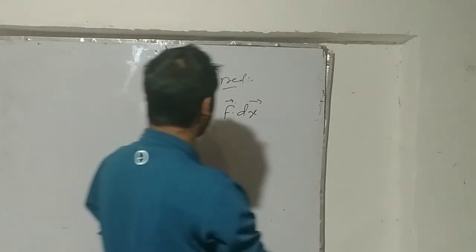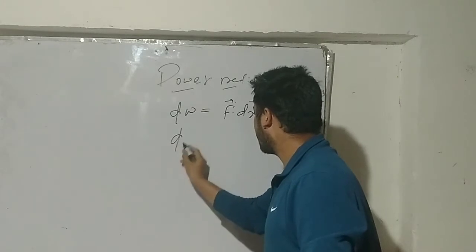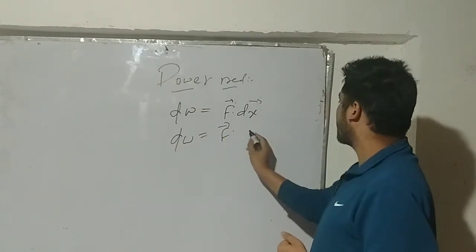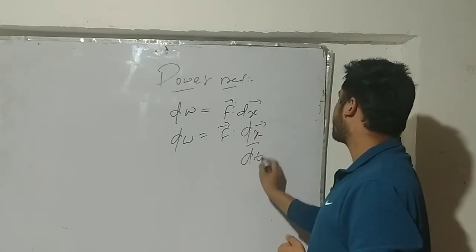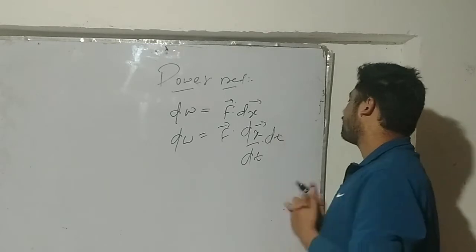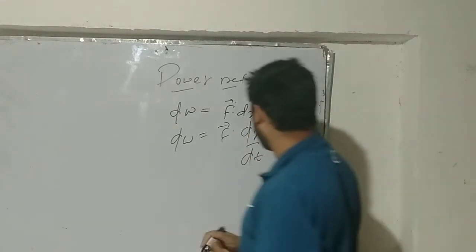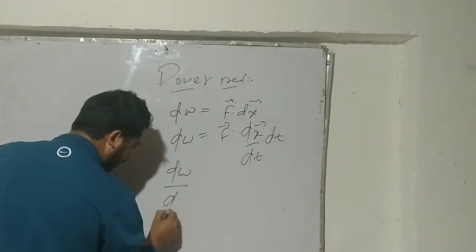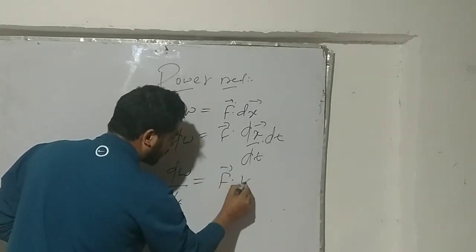If I do some further maths, I can divide it by dt and multiply it also by dt. It does not make any remarkable difference. But if I put this dt here, it becomes F times dx by dt, which is something like v.